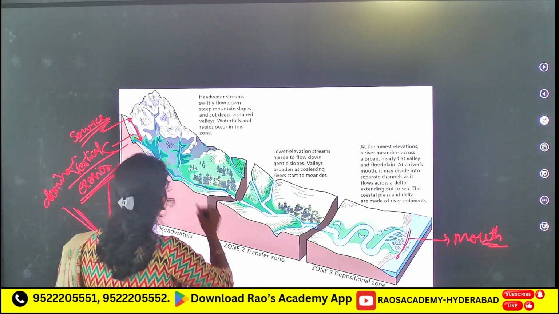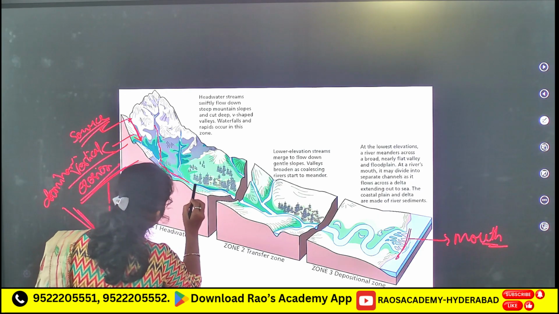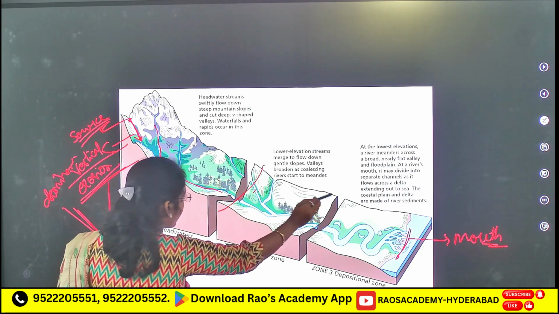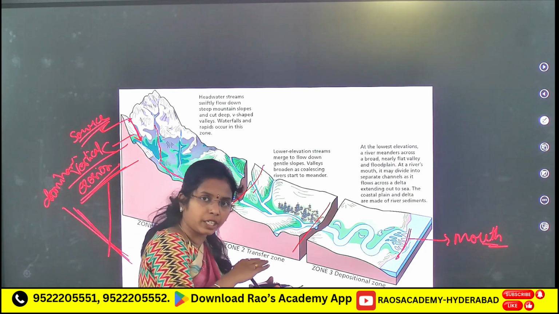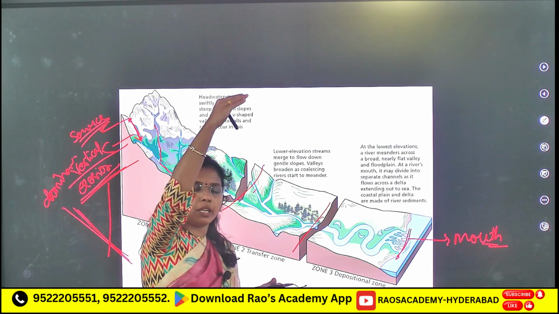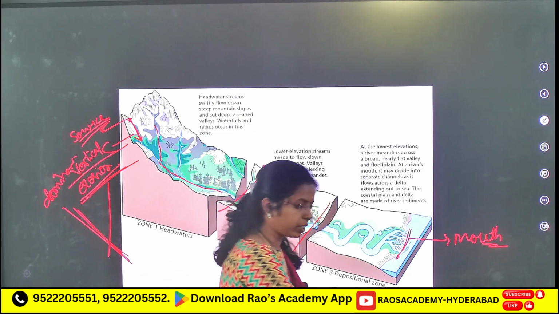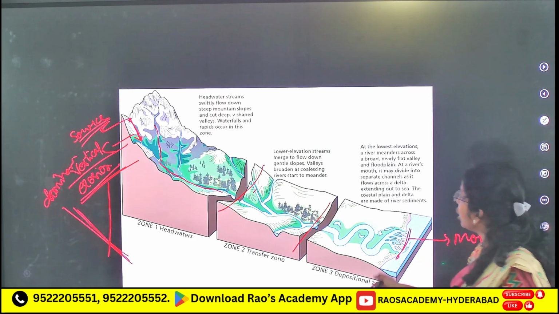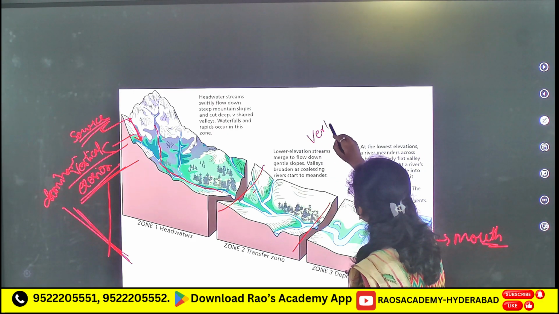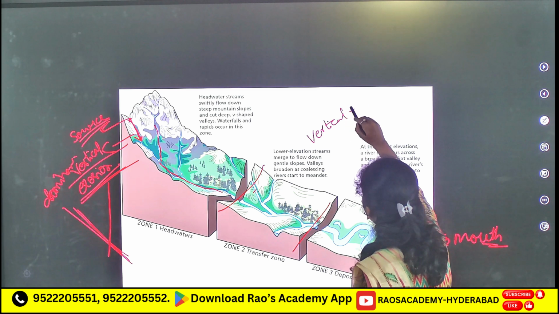After vertical erosion it flows like this, and when it enters the mature zone, or zone 2, the elevation decreases. In younger stages it flows from higher elevations, because of that you will see vertical erosion. Here you will see vertical plus lateral erosion.